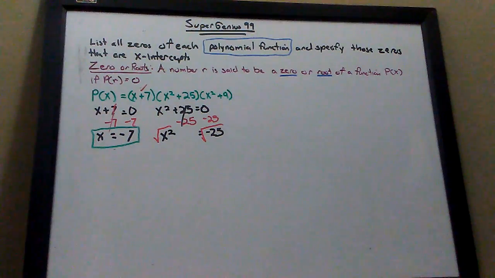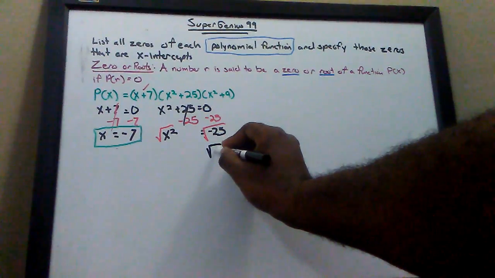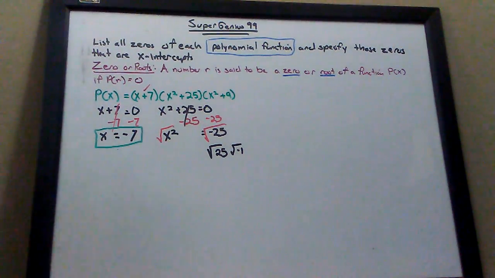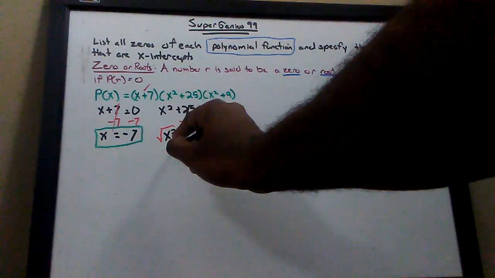Okay, so we know that the square root of negative 1 is just i. So this negative 25 is the same thing as square root of 25 times the square root of negative 1. Okay, and then square root of x squared is just x.